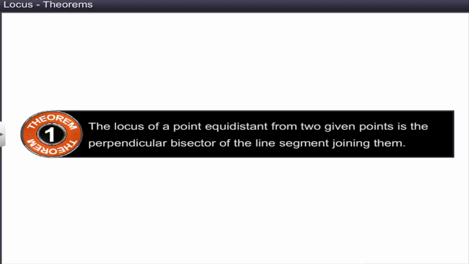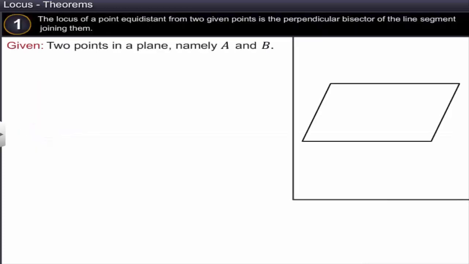Now, let's learn some theorems on loci. The first theorem states that the locus of a point equidistant from two given points is the perpendicular bisector of the line segment joining them. We are given 2 points in a plane.